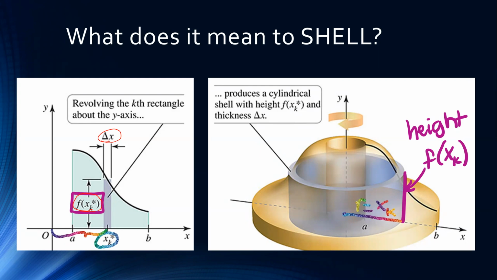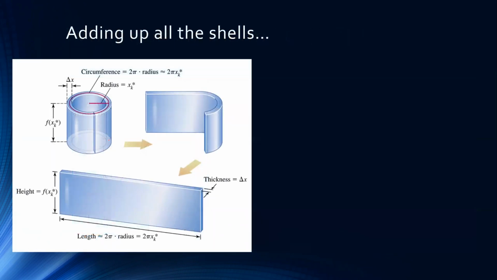We know how to find a volume of a cylinder looking shape. So let's take a look at that cylindrical shell. That would be that shape right there. Now, if you strain it out, slice it up, cut it up, it's basically just a rectangular solid. The thickness is delta x.